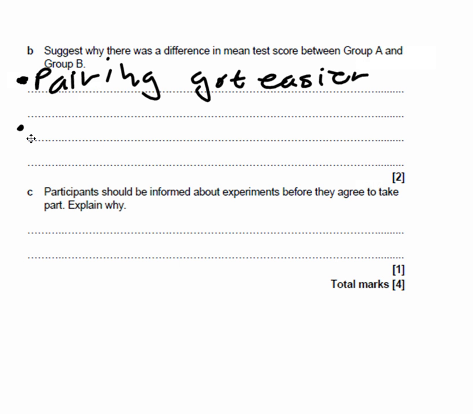Our second mark was available by explaining the words were written down for, I think it's group B, isn't it? So if the words are written down, then you're more likely to link one of the words from when you were revising those words.